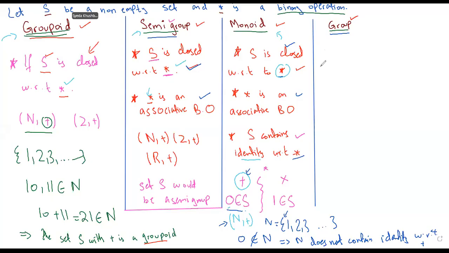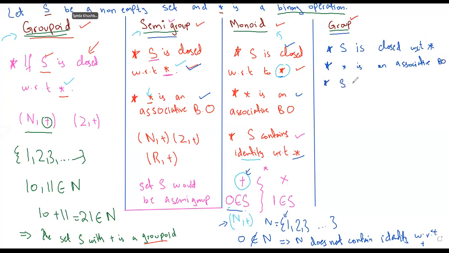Now let's talk about group. For group, we need again the same thing. S is closed with respect to the binary operation star. Second thing, star is an associative binary operation.